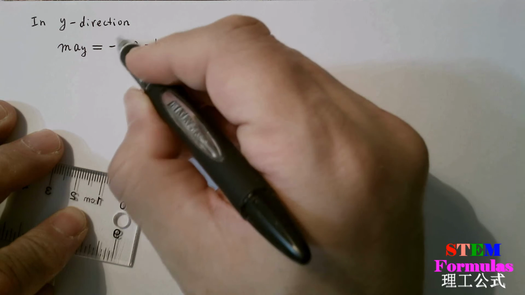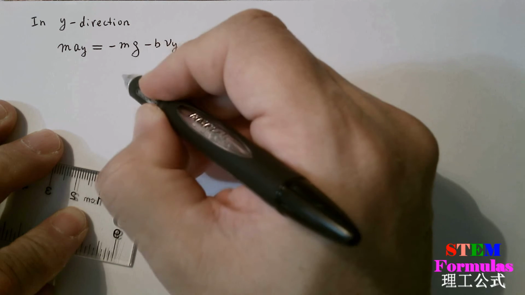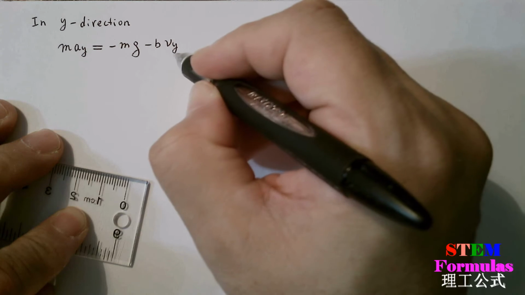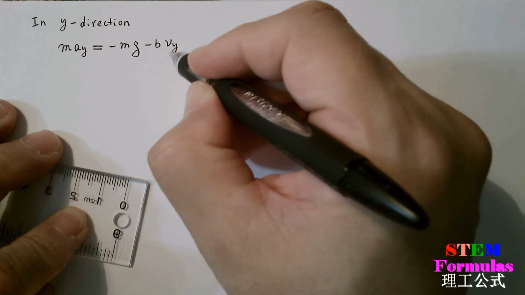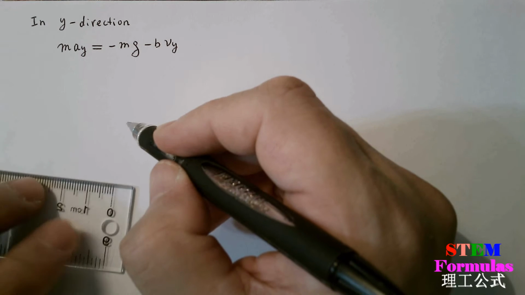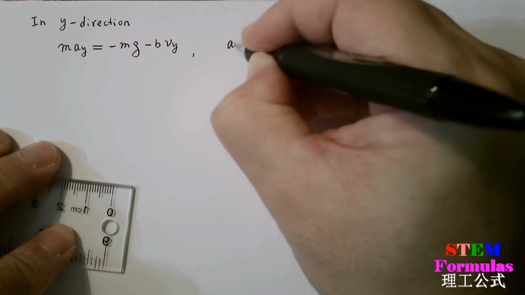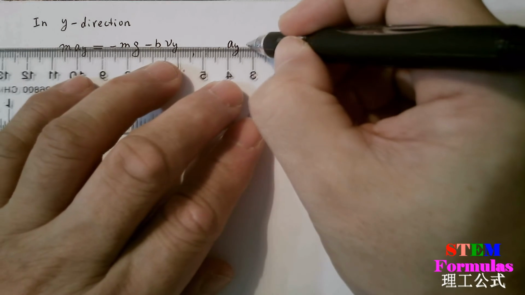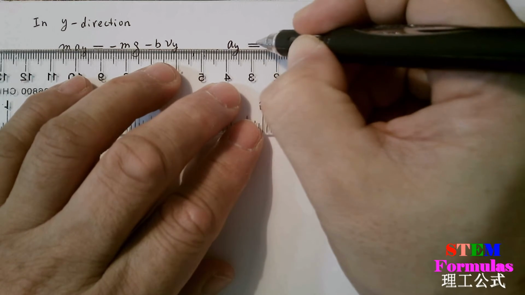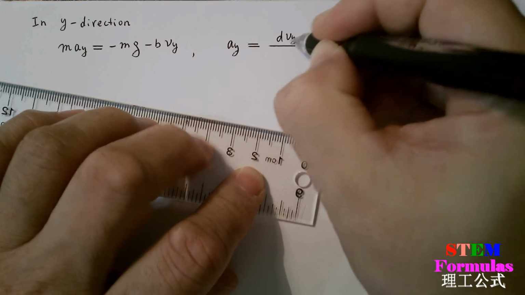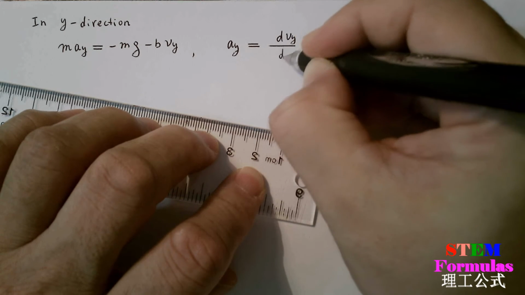Minus mg is the gravity force downward. And minus b vy is the air resistance force. And ay equal dvy dt.